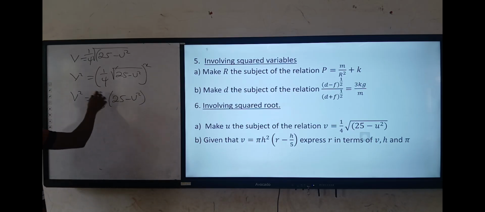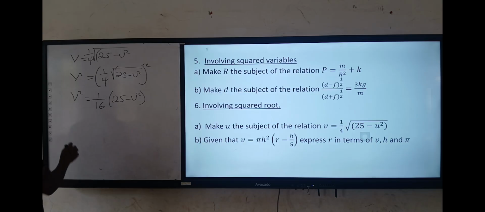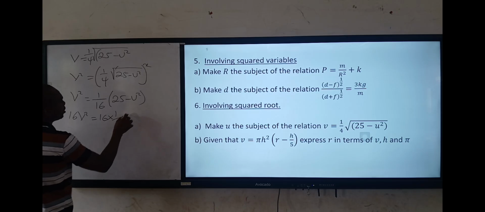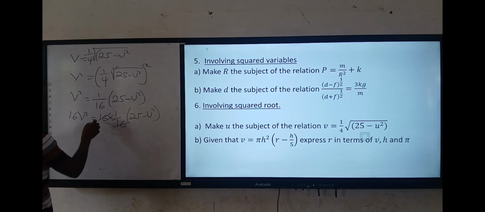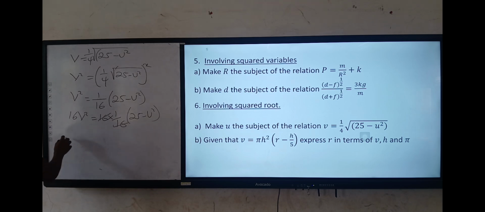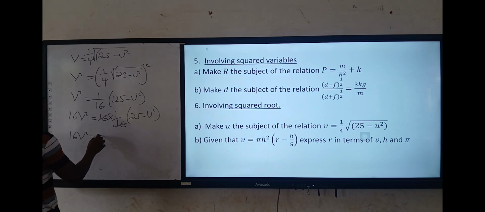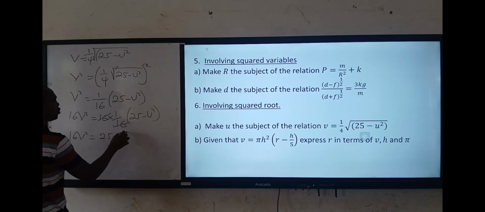Then since the fraction is here, you multiply both sides by the denominator. So you get 16v squared equal to 16 times 1/16 in the bracket 25 minus u squared. So this will cancel that, 16 times 1/16, leaving 16v squared to be equal to 25 minus u squared.